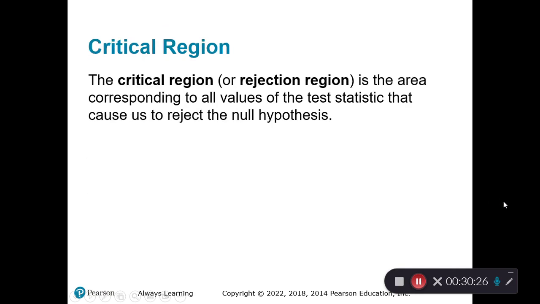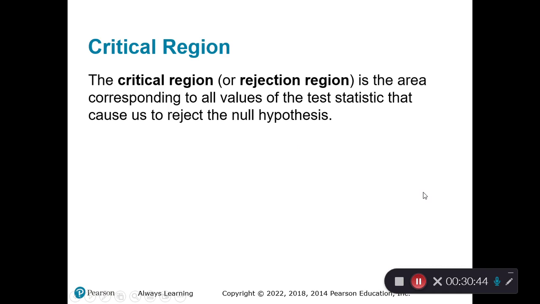Now let's talk about how to compare the test statistic to a critical value. The critical region, also known as the rejection region, is the area corresponding to those values of the test statistic that would cause us to reject the null hypothesis.